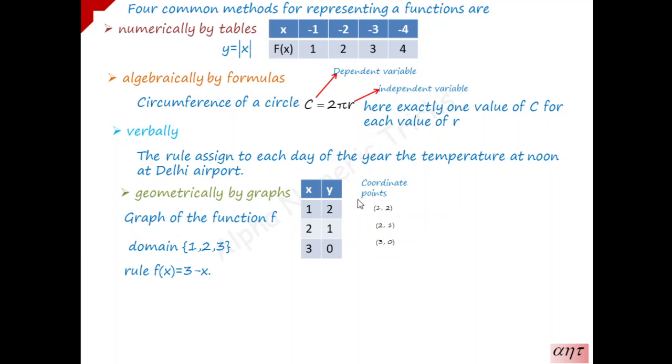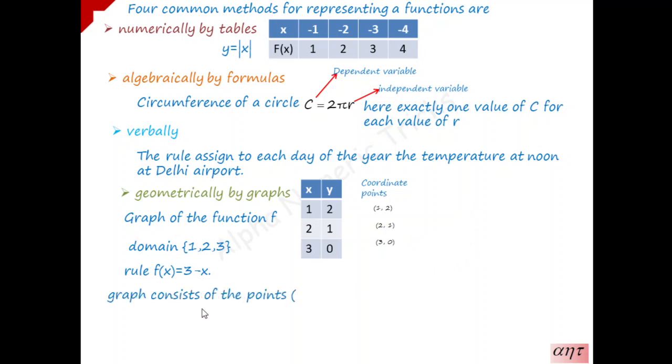Using these coordinate points, we take the domain, that is the set of all inputs, as the domain and the outputs as the range. Using the domain and range, we plot these pairs in the xy plane.